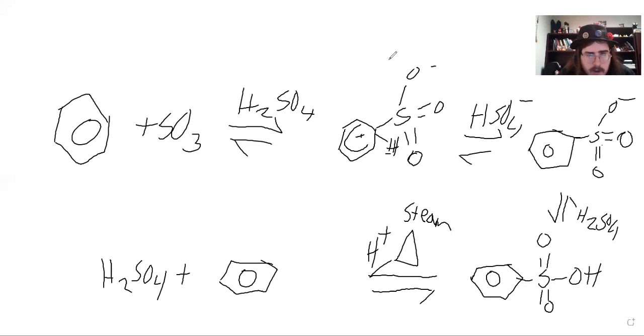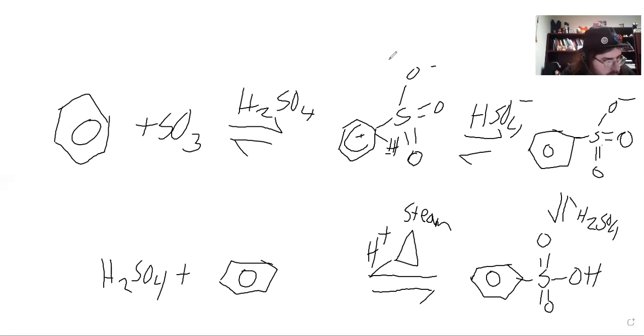This allows you to get NMR solvent, C6D6, deuterated benzene. If I do D2SO4 and D2O, you're eventually going to get C6D6.